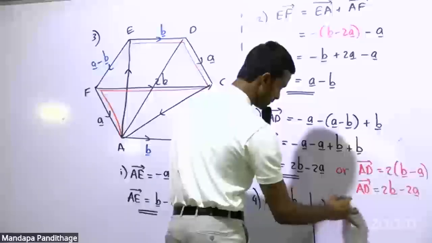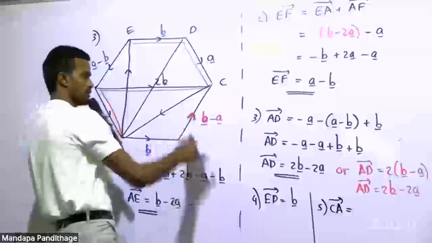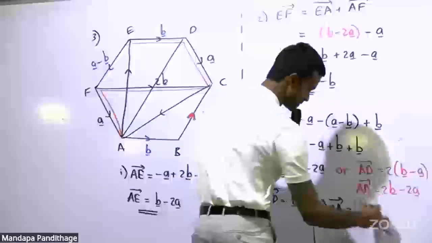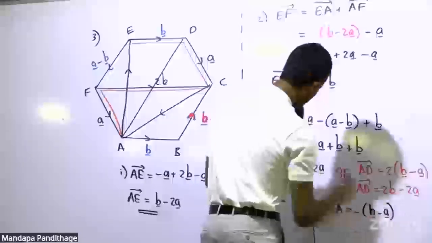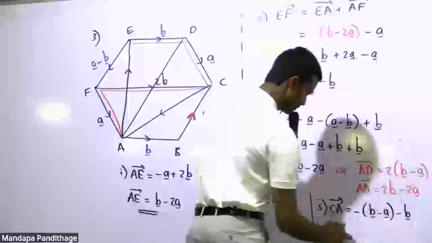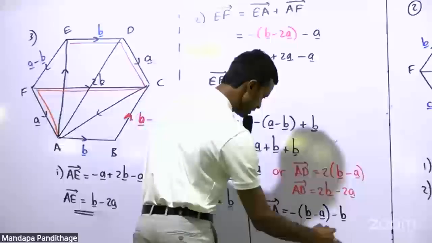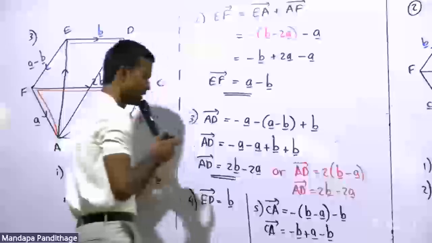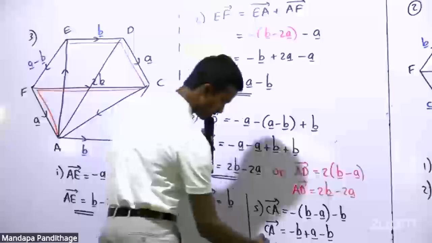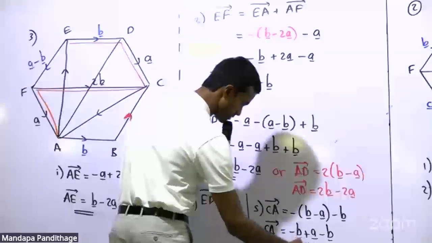CA is equal to minus of this, minus B minus A, and even the minus of this, minus B. Minus B plus A minus B, I get CA is equal to A minus 2B.